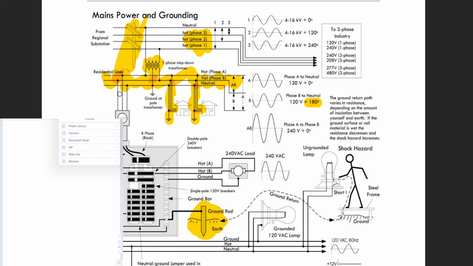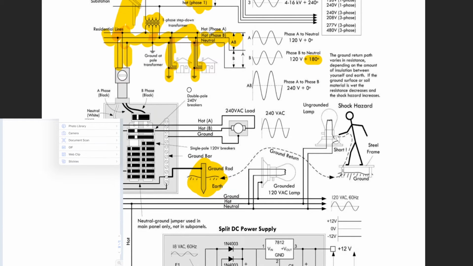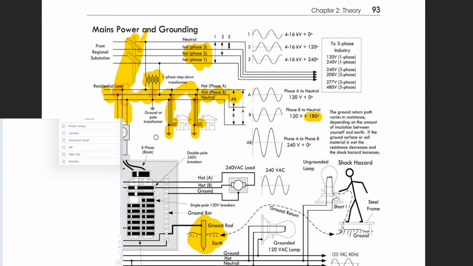Okay, so here you've got these two hot wires and the neutral wire coming into this person's circuit breaker box. So you've got phase A and B and the neutral wires. Interesting. So you've got the 220 volts coming in here, right? Wow, look at this. These mains wires are 4 to 16 kilovolts.